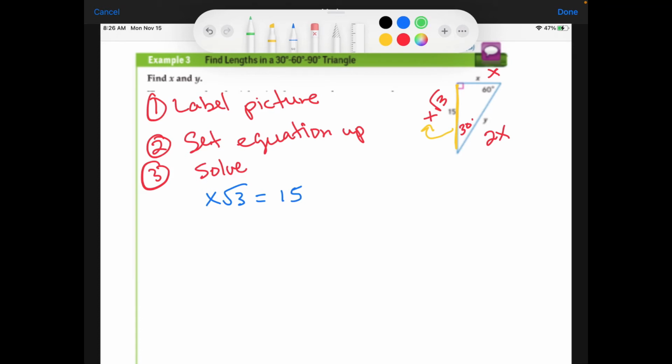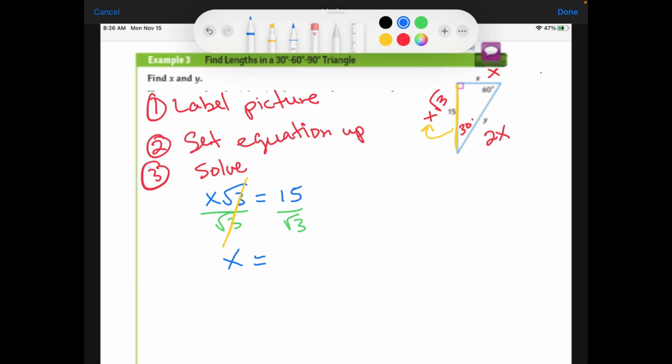I want x by itself, so I can divide both sides by the square root of 3. That reduces to 1, and I end up with x equal to 15 divided by the square root of 3. You can put this in a calculator and get a decimal answer, or you can simplify this fraction.